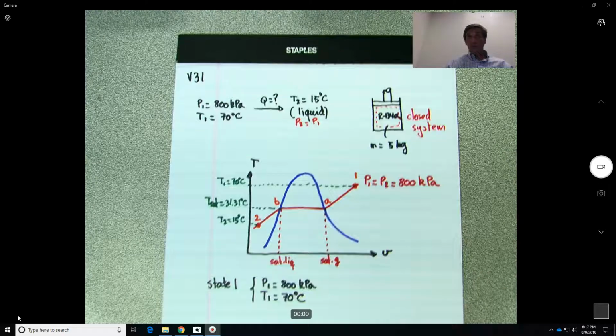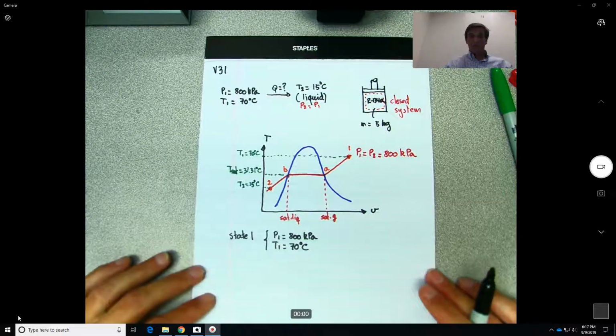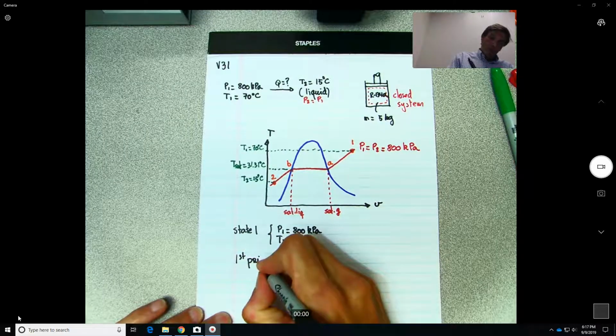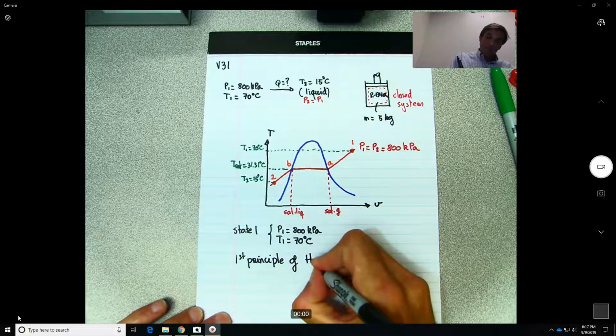In order to do that, we go to the basic equations that we have, which is the first principle of thermodynamics.